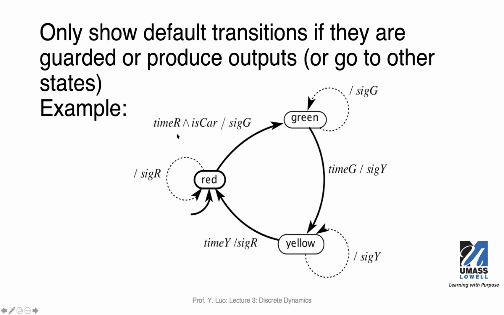If this condition is not true, we'll stay in this red state, but we're going to be outputting a signal R. Similarly here, if this condition time G is not true, we're going to stay in this state green, but we're going to be outputting the signal G. So that's the case where we will show the default transition.